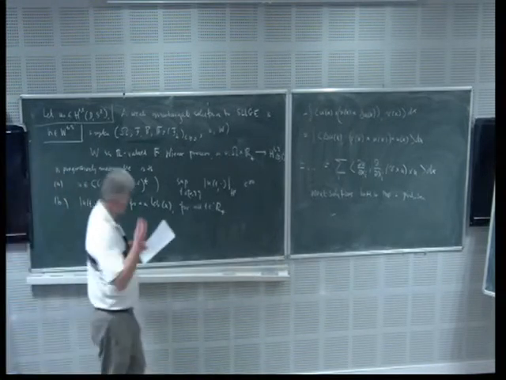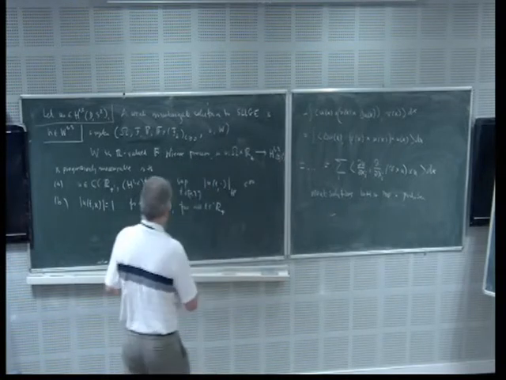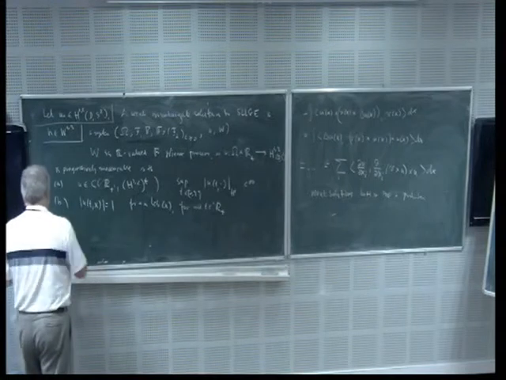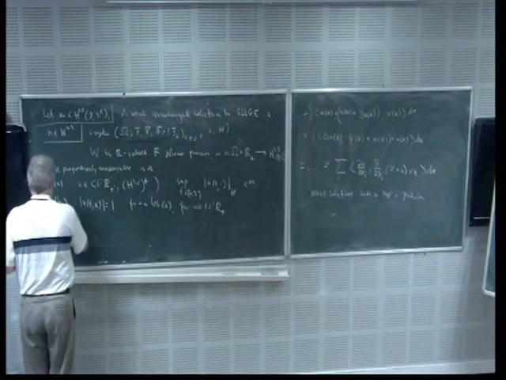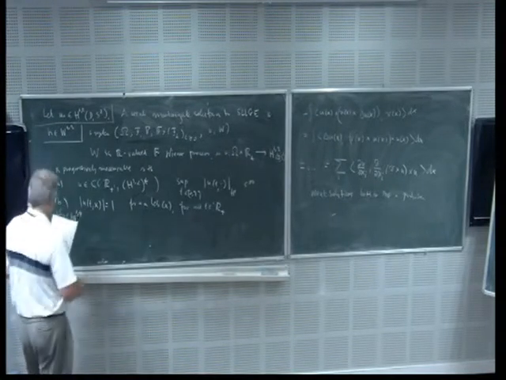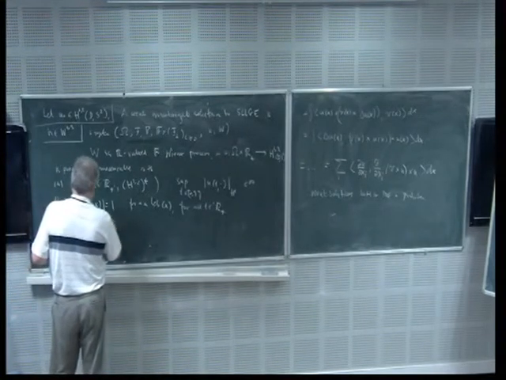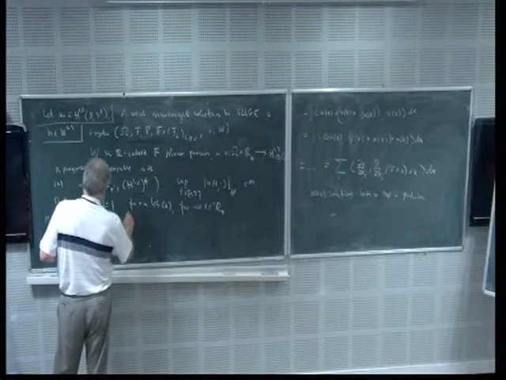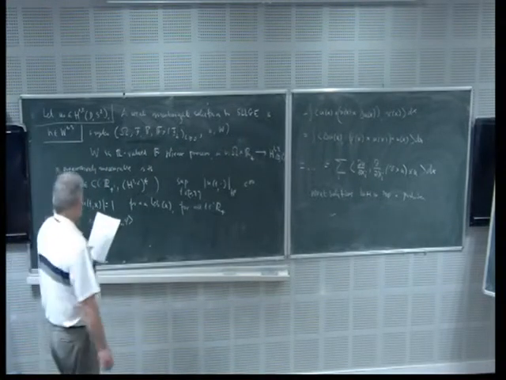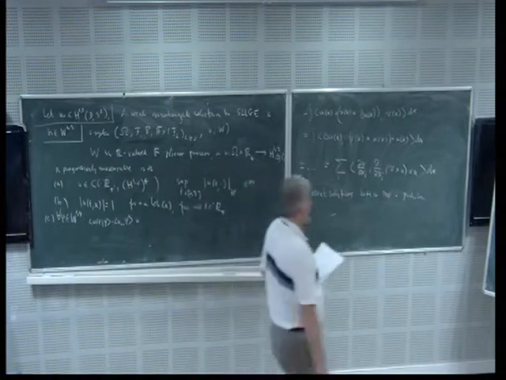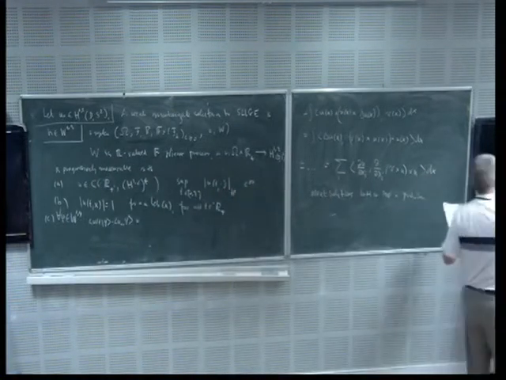And now we have this weak version of our problem: for every test function phi, here I've written W^{1,4}, what happens? If I take <u(t), phi> minus <u0, phi>, what we have? First of all, the term coming from this guy.